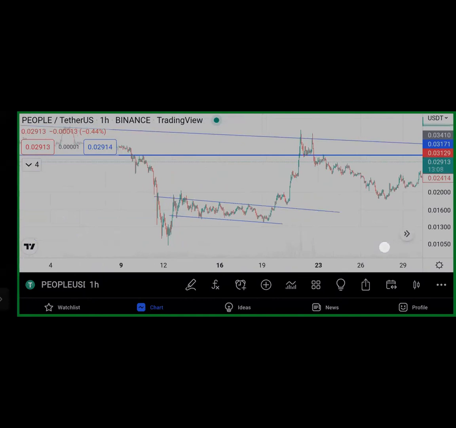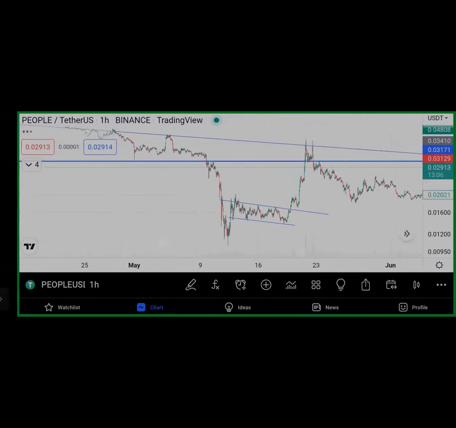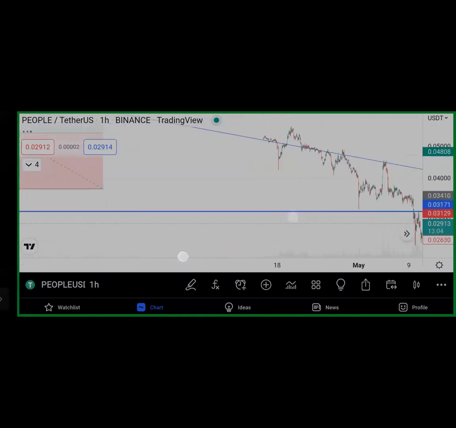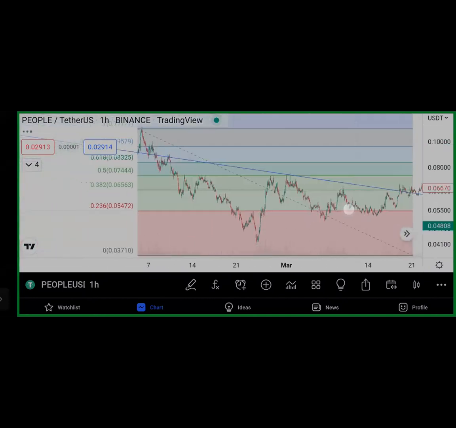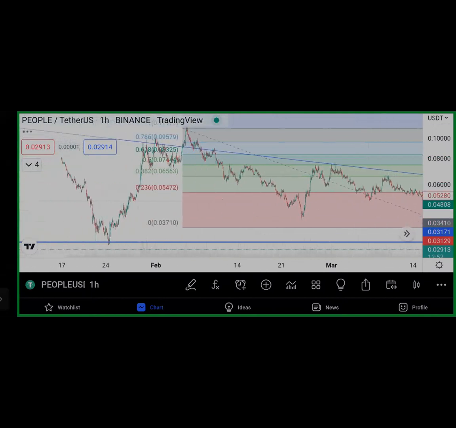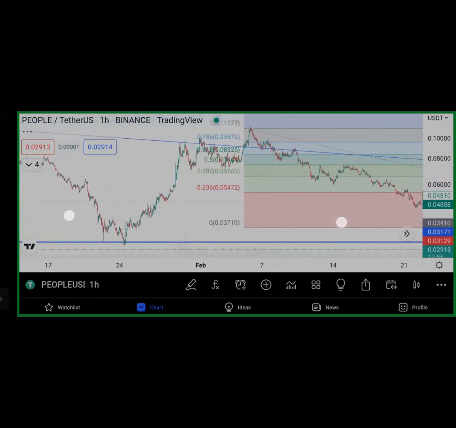This one is a bull flag. It's very hard to find, because most of them are replaced by other patterns.